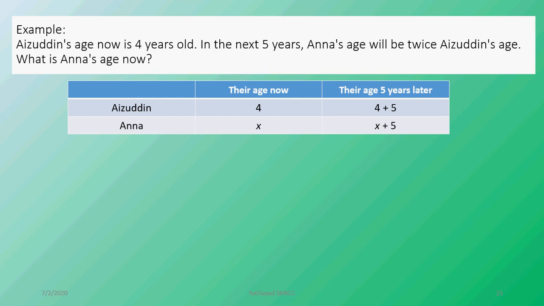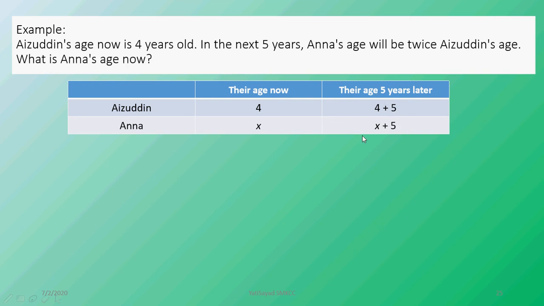Okay, so in the sentence, in the next 5 years, you will have their age 5 years later. Anna's age will be twice Aizuddin's age. So your age will be increasing year after year. After 5 years, Aizuddin's age will be 4 plus 5, while Anna will be X plus 5. Okay, this is the fact about age that you know.